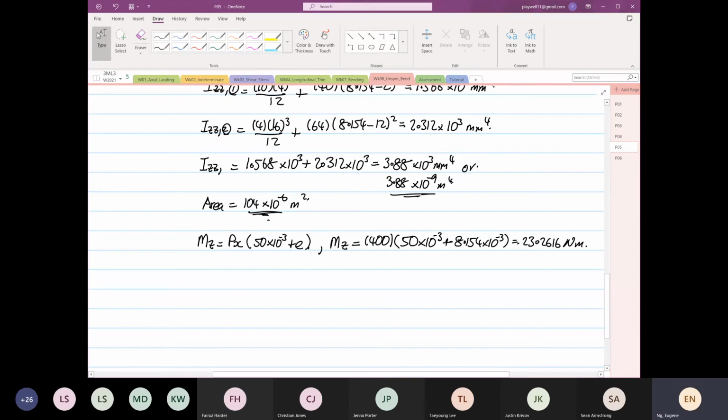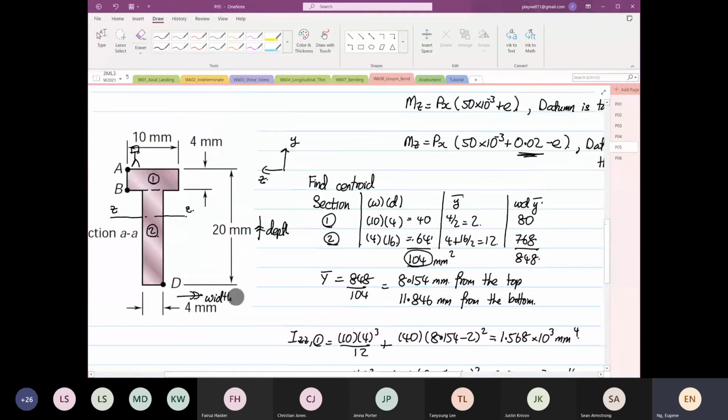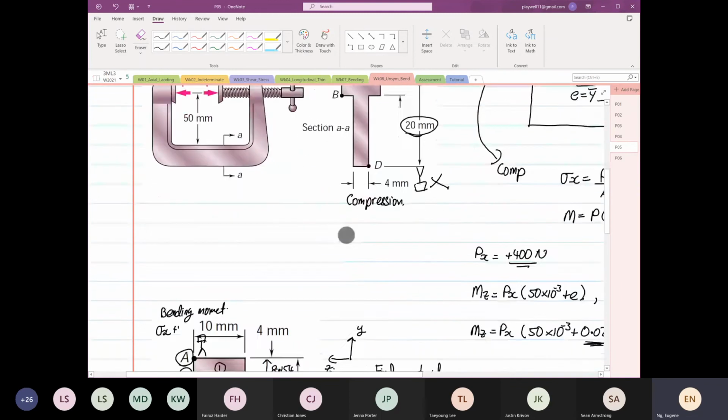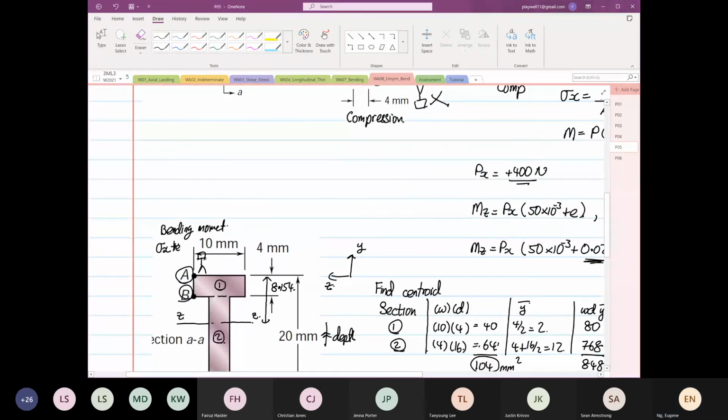Right? So now everything is in already. If we look at over here, we found our neutral axis, this distance, to be equal to 8.154. So both point A and point B, due to bending moment, stress X will be tensile, because it's above the neutral axis.